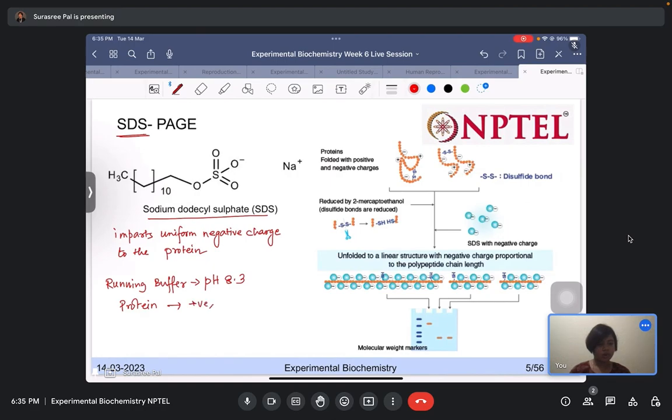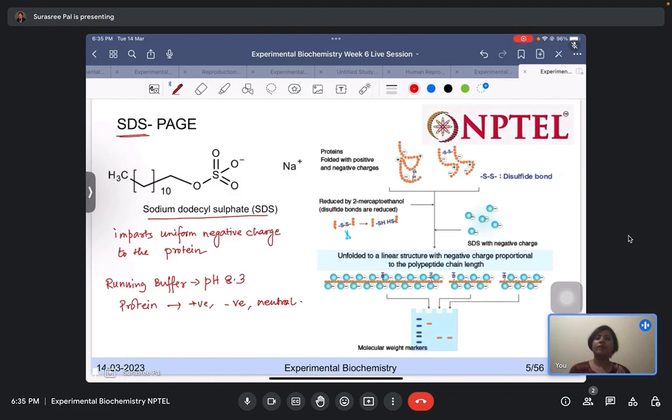If the pH equals the pI, then it can be neutral, acting as a zwitterion. So if I have multiple proteins in one sample, each protein will have a different pI value and will exist in different forms, positively charged, negatively charged or neutral, in a buffer of pH 8.3. Therefore proteins will be differently charged.